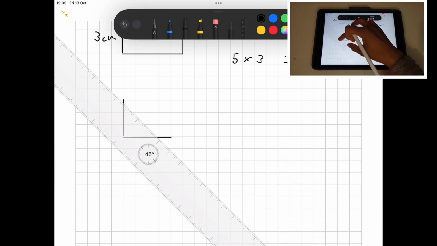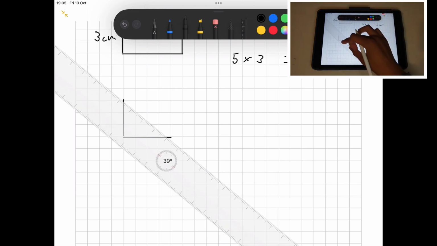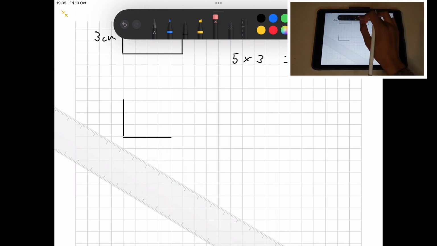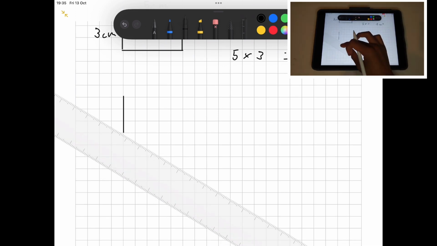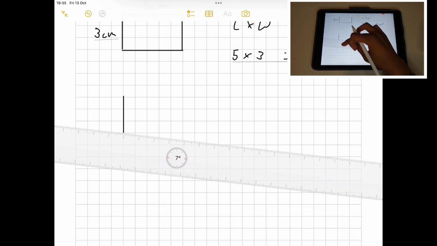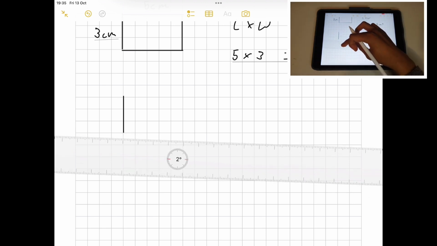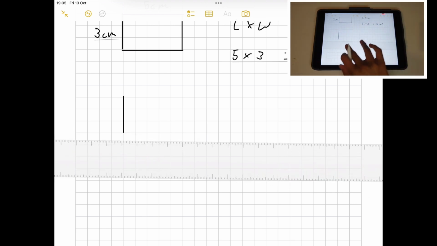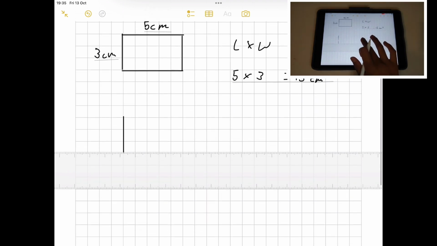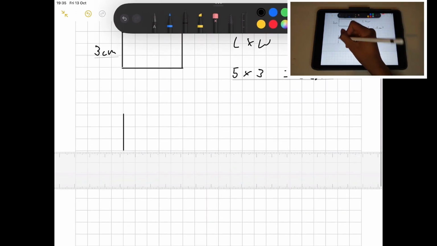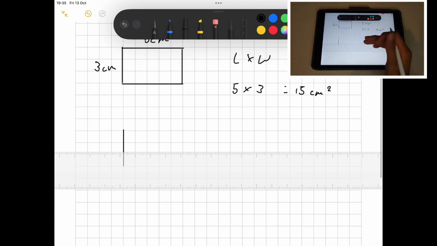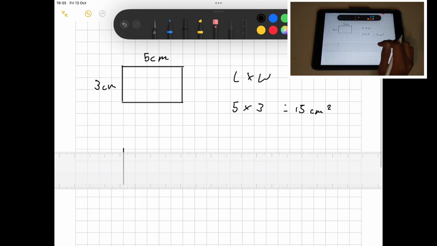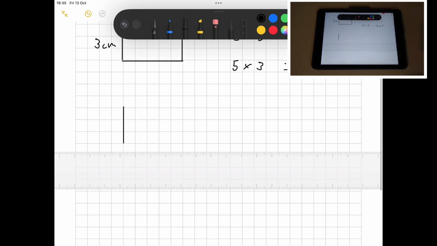I don't know why it's not perfectly lining up, but it's fine. This will be a minute. I'll probably just cut to when it's done. Oh dear. Yeah, I'll just cut.